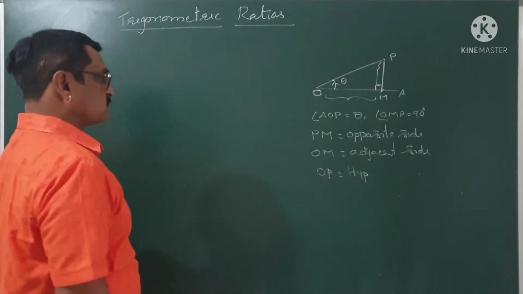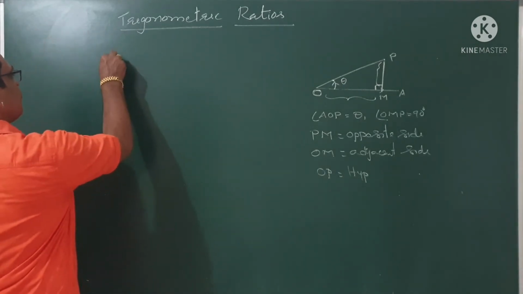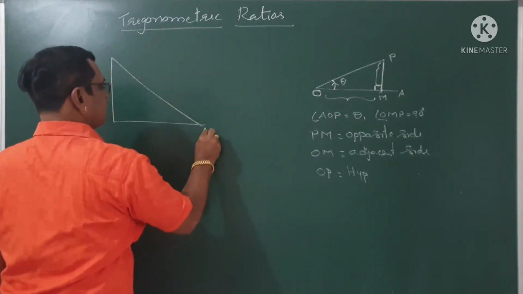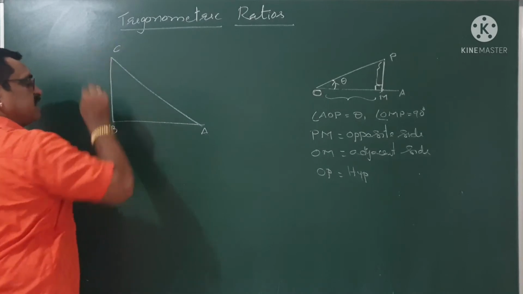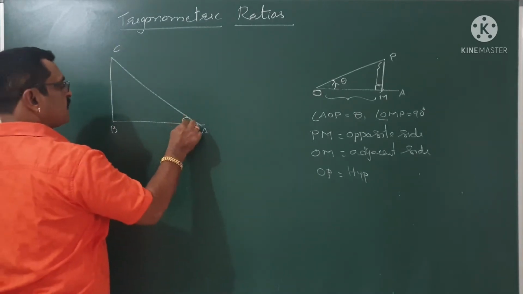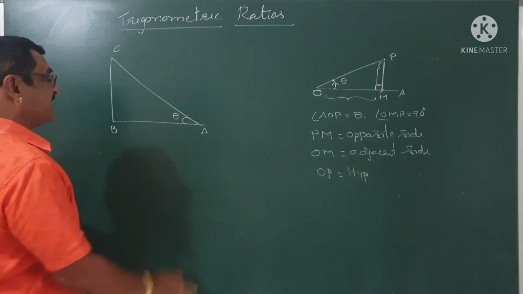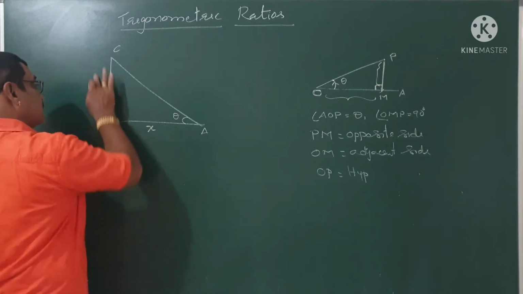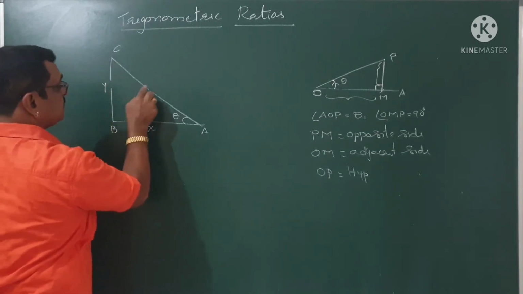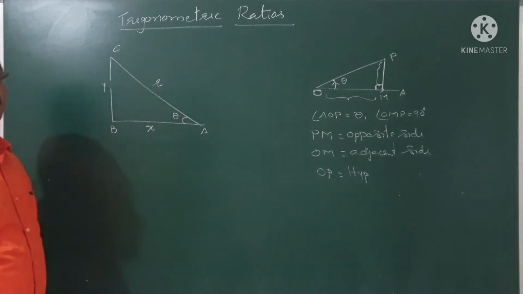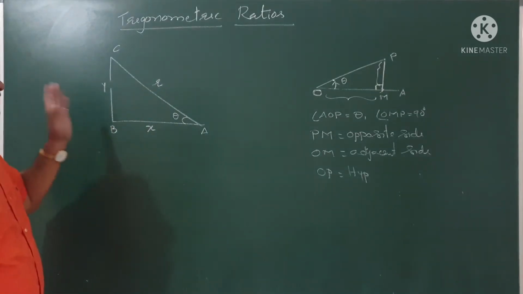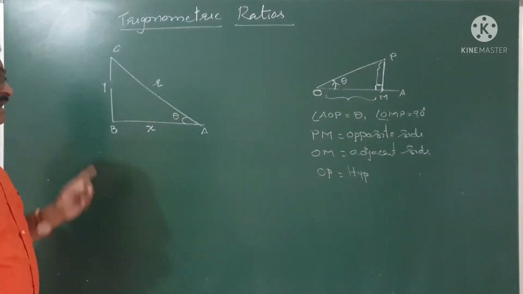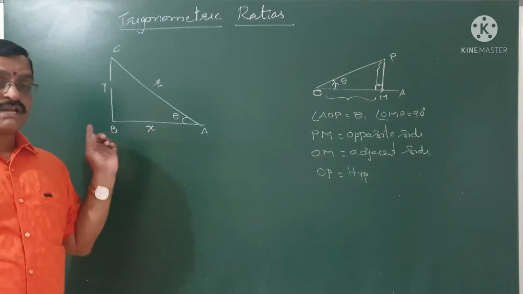Okay, now I have a right angle triangle ABC, and the angle is theta. Let the side AB be denoted by the letter X, the length of BC is Y, and the length of AC is R. Here the length of the opposite side of theta is Y, the length of the adjacent side of theta is X, and the length of the hypotenuse of the triangle is R.